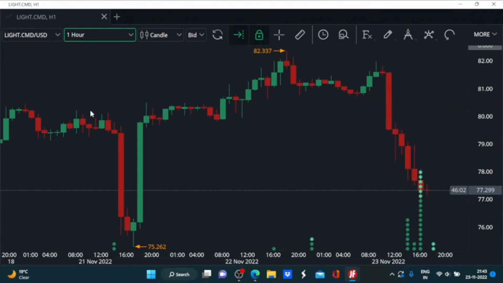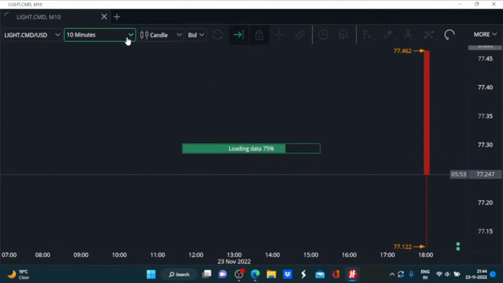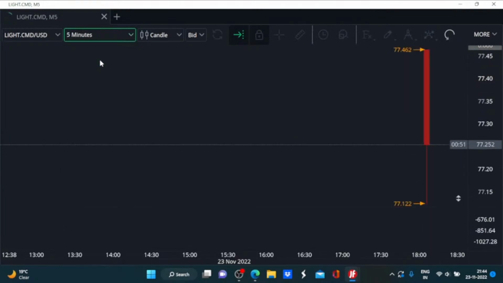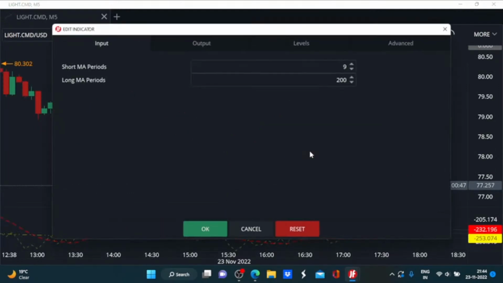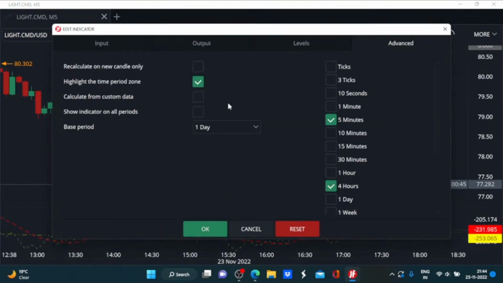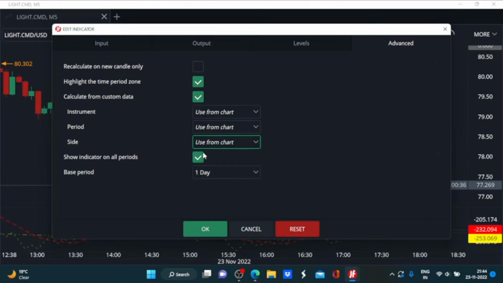Now that I have opted for 4 hourly and 5 minutes, only on those candle periods we will have the VQI plotted, but for other time frames there won't be any plotting of the VQI. So you get this customization tool as well.